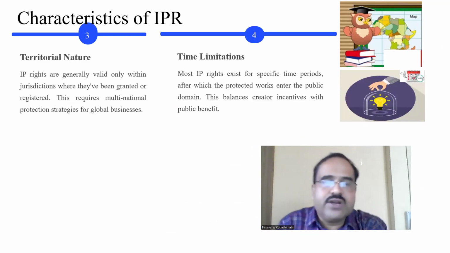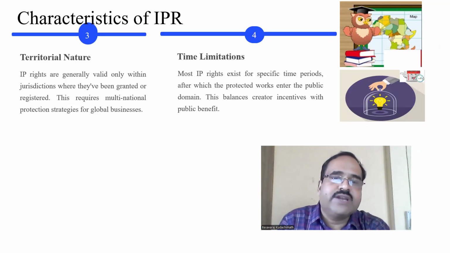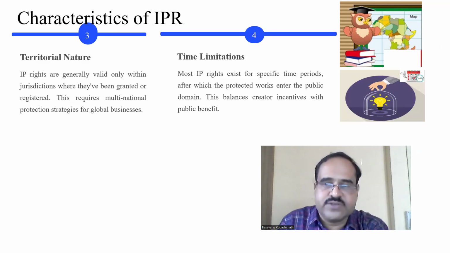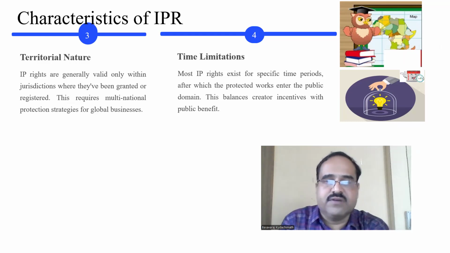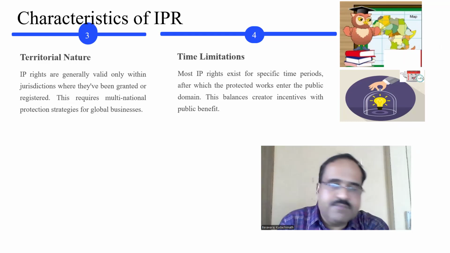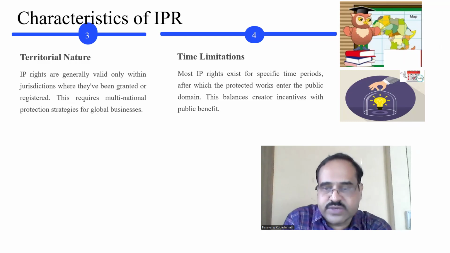And remember, another important characteristic of intellectual property rights is time limitation. The intellectual property right cannot be held for many years together. There is a maximum period of time mentioned at the time of granting the intellectual property. For example, an inventor who discovers a copyright or a particular generated article, the article can be protected for 5 years or 10 years depending on the situation.